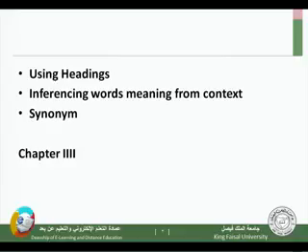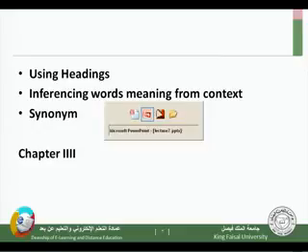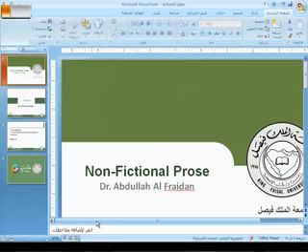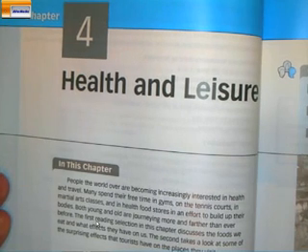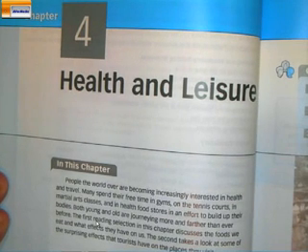I talked about this in the very beginning because it should be the first thing that we learn about reading, not in the middle of the book. Anyway, let's go to chapter 4, which is about health and leisure.